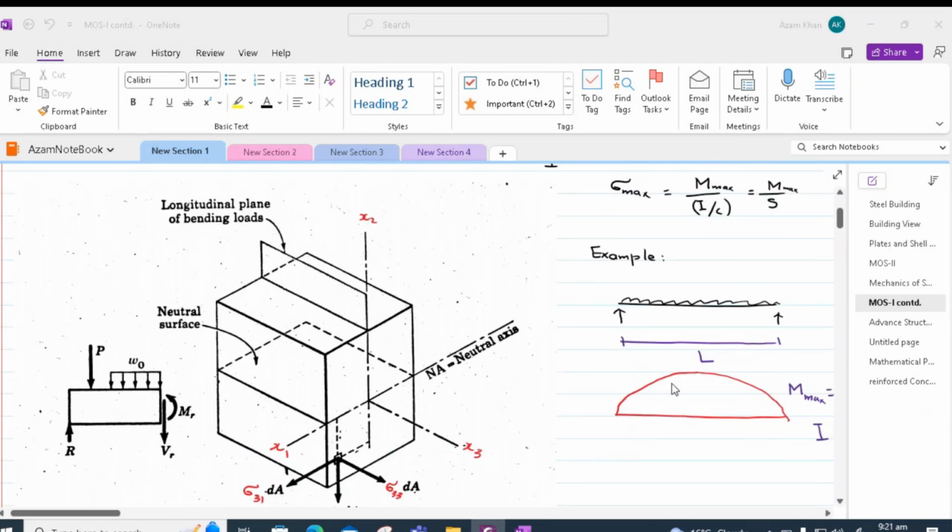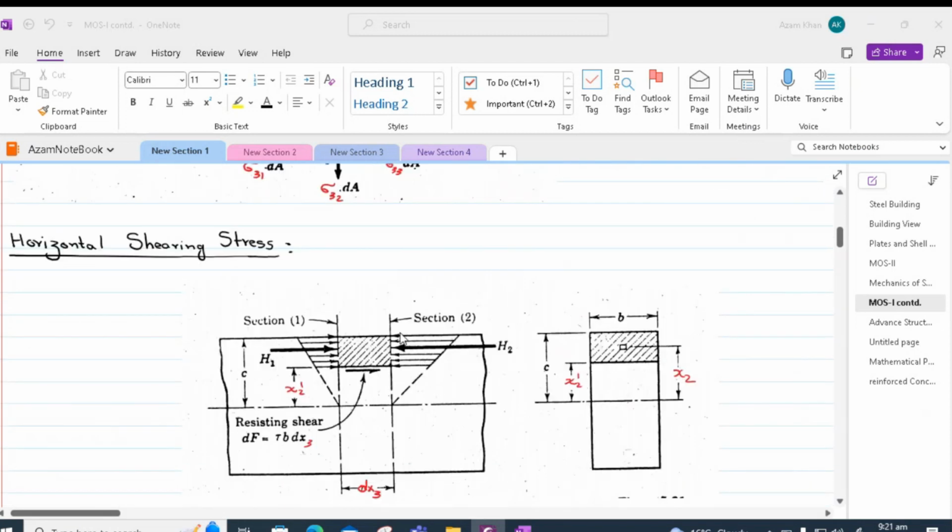Since we have assumed that the bending moment at section 2 is bigger than the bending moment at section 1, therefore the compressive forces on section 2 will be bigger than the compressive forces on section 1.